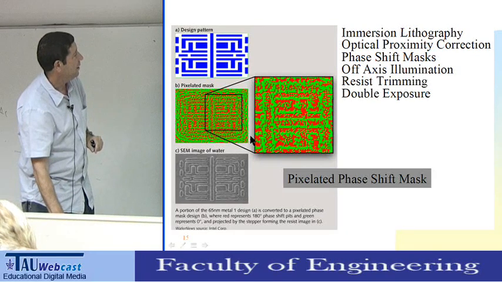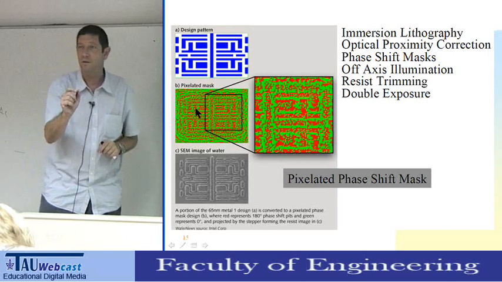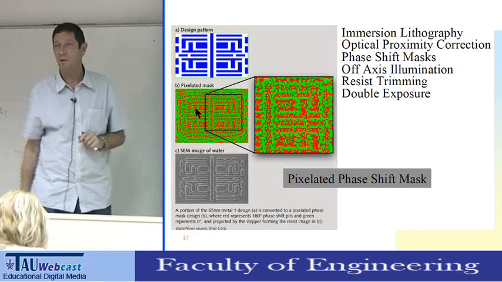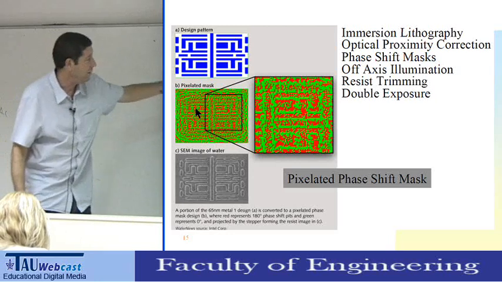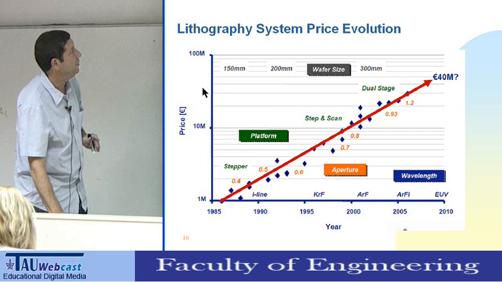Ideally, you can take the mask, and for every pixel on the mask you can design the transmission and the phase to generate a better image as a result. This is kind of an ideal structure that people might use in the future.